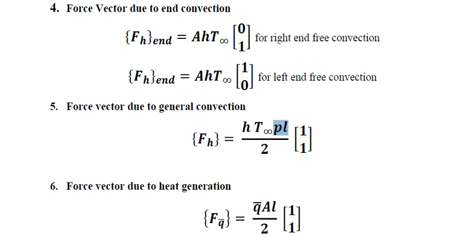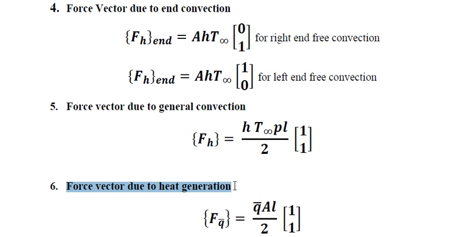Surface area, not cross sectional area. Surface convection means surface area, perimeter into length, into [1 1], which means it will happen from node 1 to node 2 throughout the element. That is why it is 1 1. It doesn't depend on right or left hand. It is throughout the element.